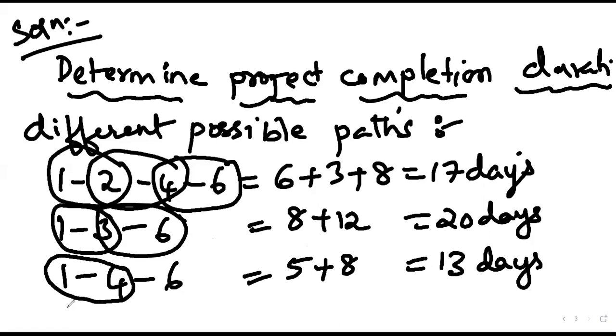Next path. The next path has to start from 1 itself. All the paths have to start from the first node. 5 to 6.